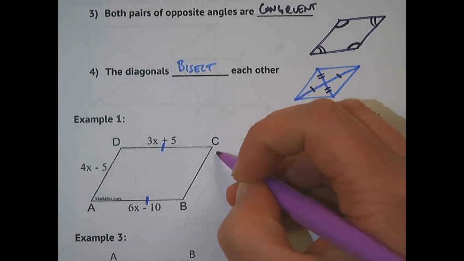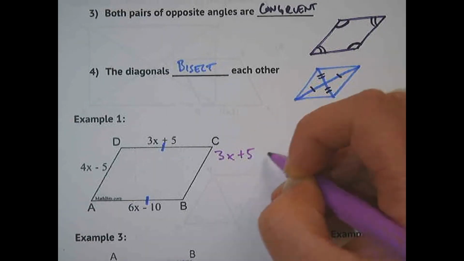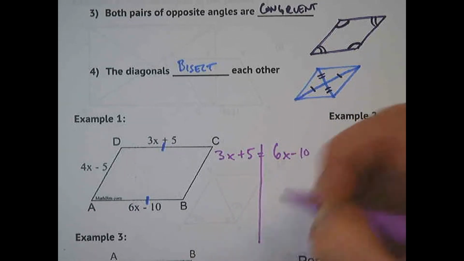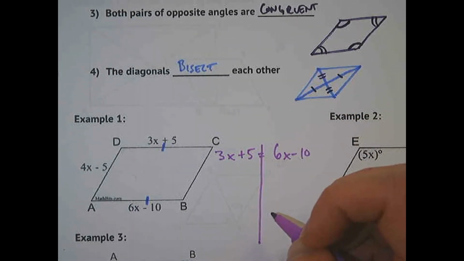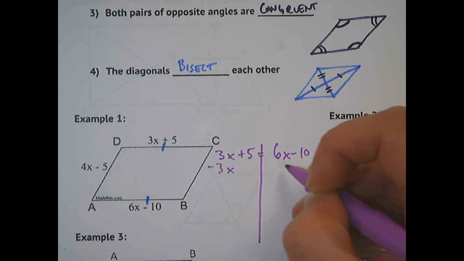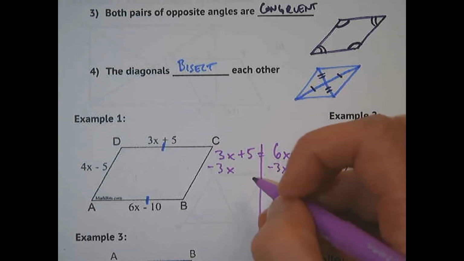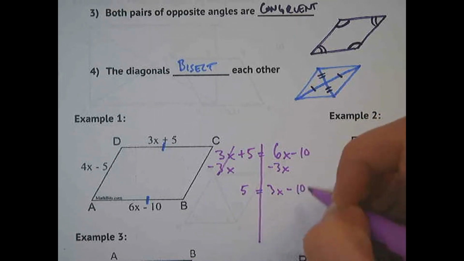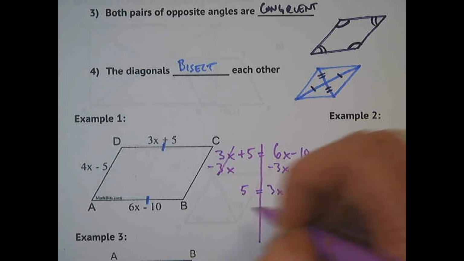So I'm going to go 3x plus 5 equals 6x minus 10. So then we subtract 3x from both sides. We add 10 to both sides.